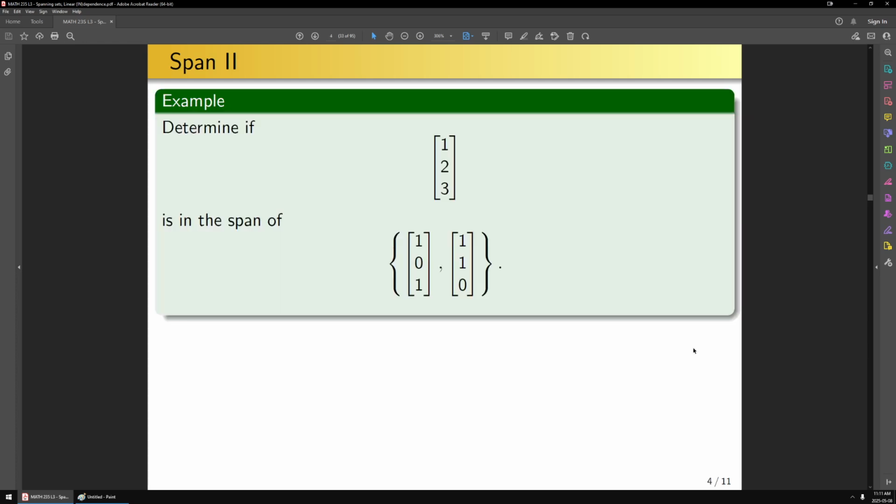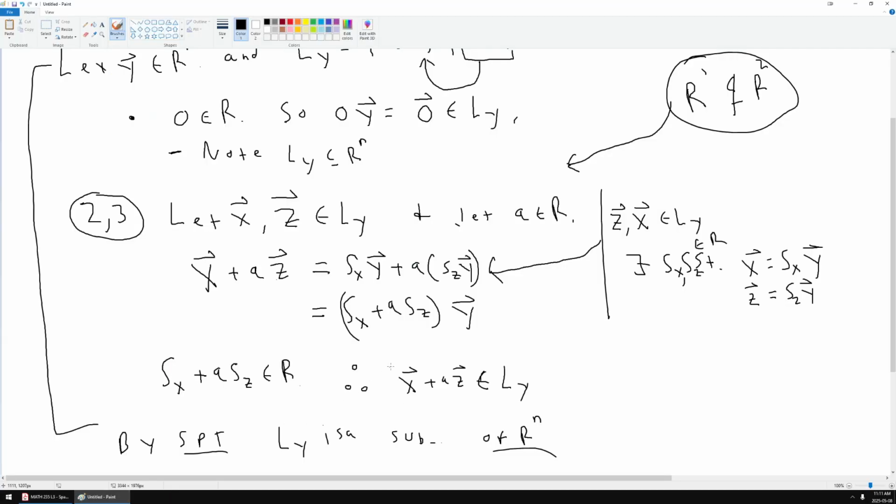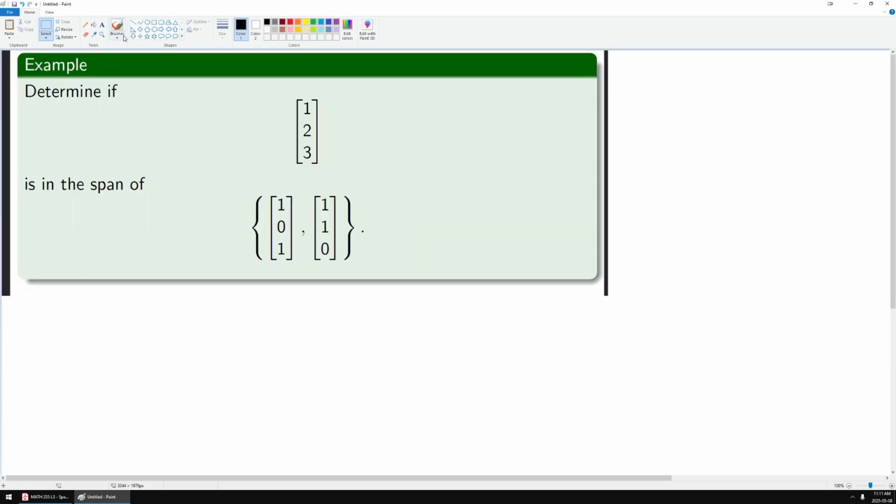Determine if this first vector is in the span of these next two vectors. Okay, so how do we go about tackling this kind of problem? Well, what this problem is really asking us to do is to determine if there exist coefficients, say A and B, in the real numbers. Here it's going to be the real numbers because these are real vectors.